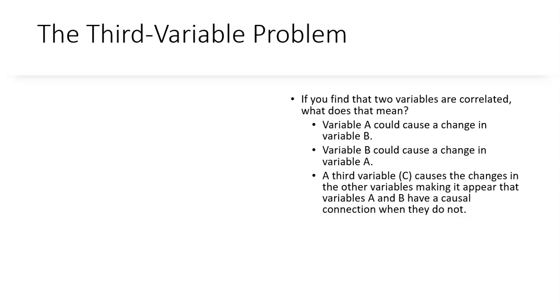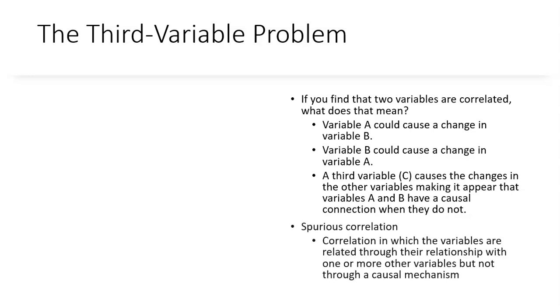It's equally likely that a change in variable B causes a change in variable A. In addition, it could be that an additional variable or variables are actually behind the relationship between variables A and B. So you have to be very careful when you're interpreting correlations, because you're going to have no ability to control for those additional variables when you're doing a correlational study.